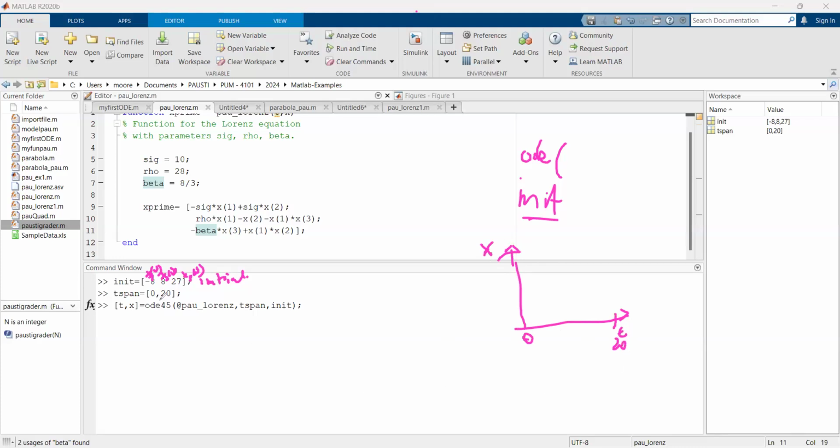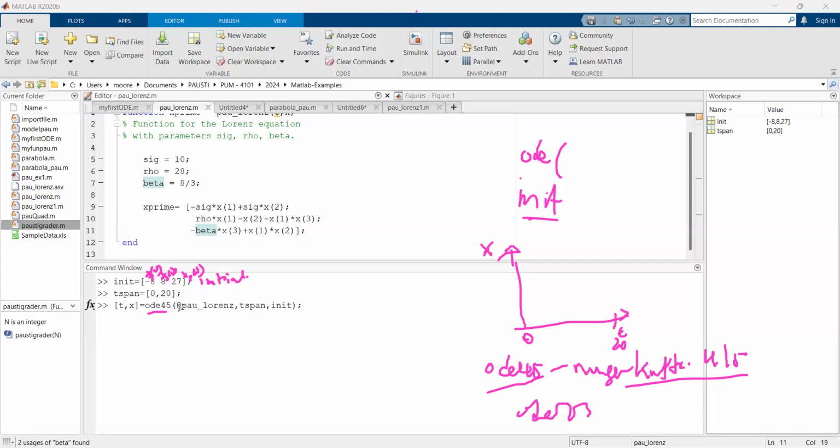Now, to solve the ODE, what you need is an ODE solver. So in Matlab, there's ODE 45. ODE 45 corresponds to a Runge-Kutta 45 solver. Of course, there's ODE 23 as well, also a Runge-Kutta solver, and there are some other solvers there as well. So here we call this solver ODE 45.